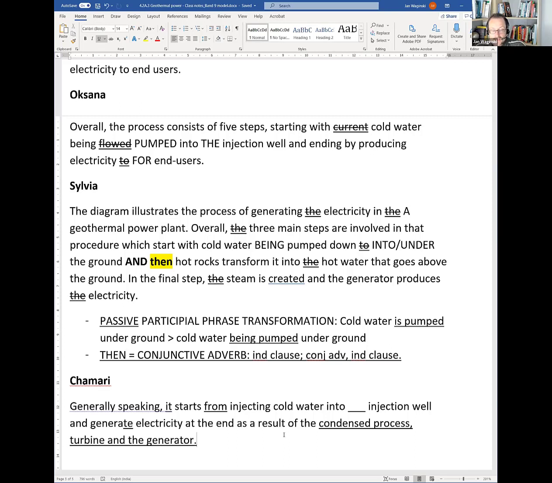It has to be really general, because if it gets too specific, it's not helpful for the reader. It's too detailed and confusing. So when you say something like, "as a result of the condensed process, turbine and the generator," I have no idea what that means if I don't already understand how this works.